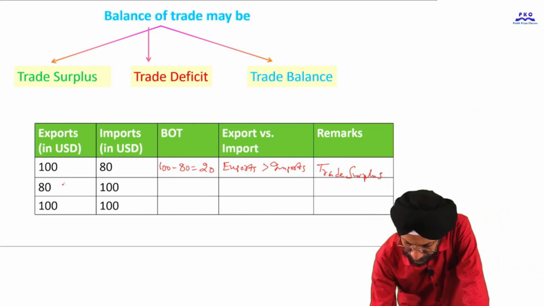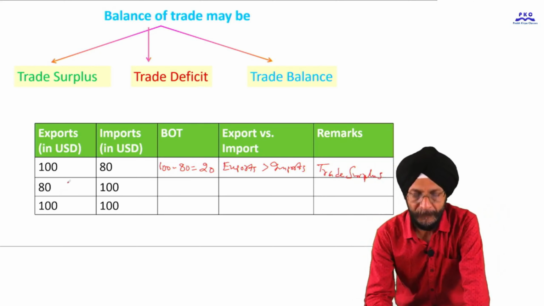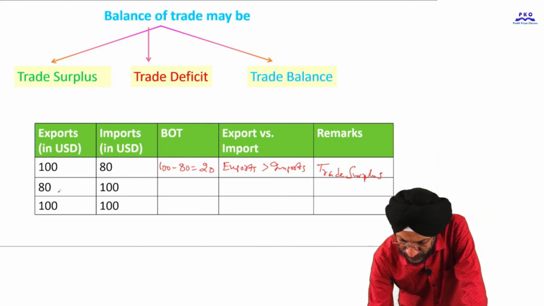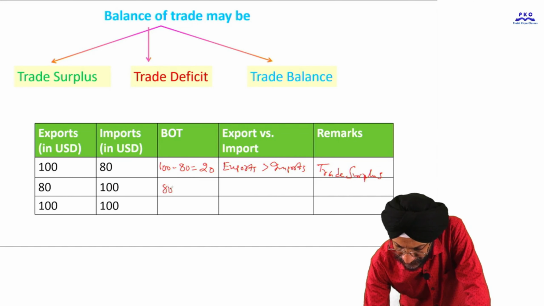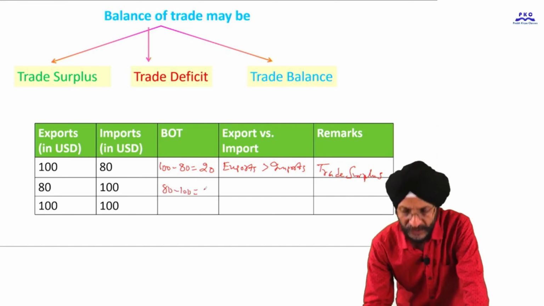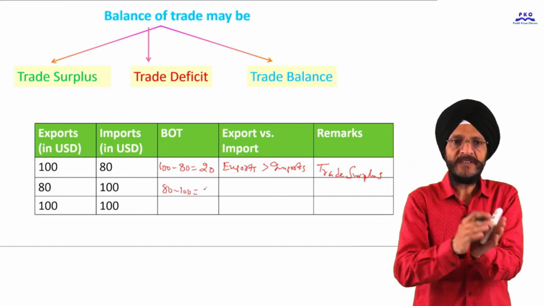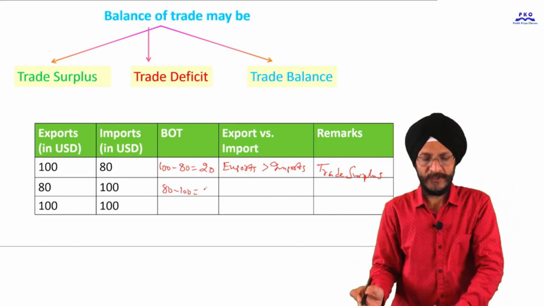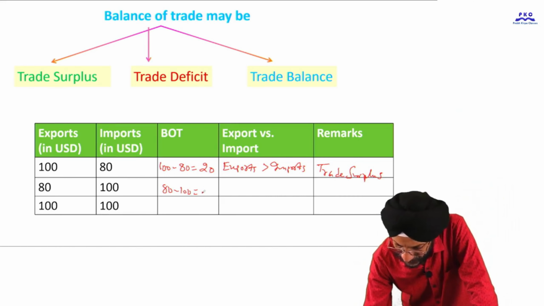Here in the second example, exports are less as compared to imports. So 80 minus 100, exports are to be taken first and then we have to take imports. 80 minus 100, it becomes minus 20.